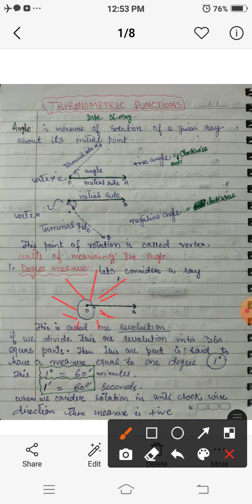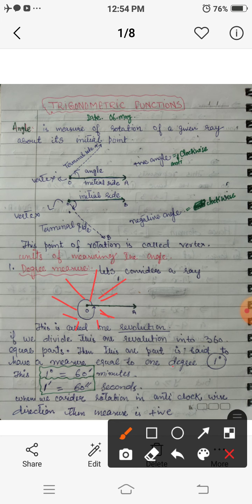If we consider a ray and one complete revolution, we divide the complete revolution into 360 parts and consider one such part, and that part has the measure equal to 1 degree. So 1 degree is simply 1 by 360th part of one complete revolution about the initial point, or the end point of a ray.